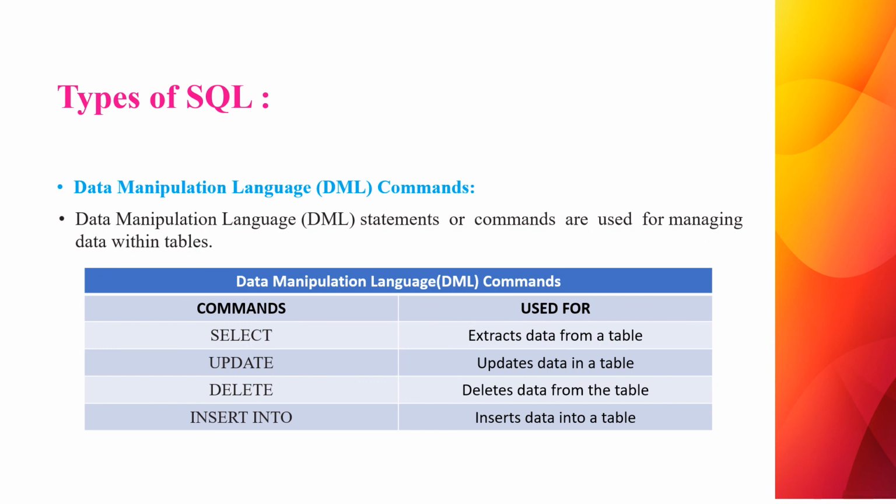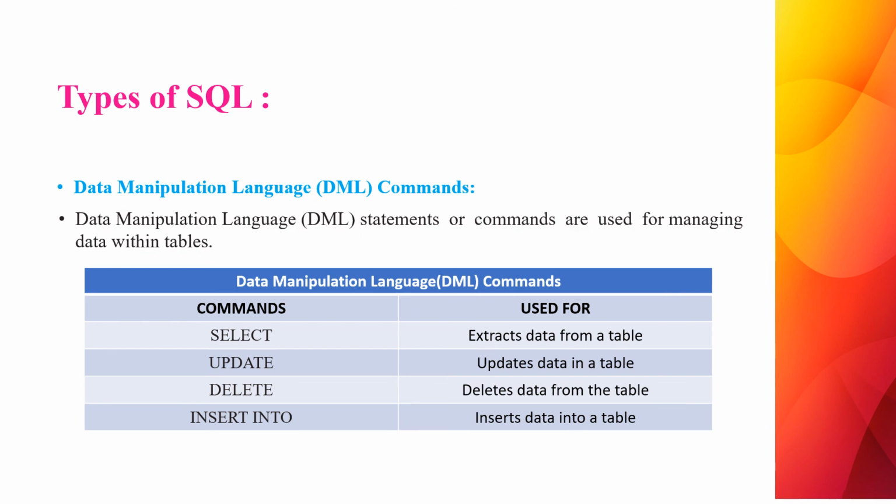To select all the data at a time, we have to use the wildcard star, that is select star from student, which selects all the fields from the table. Select roll number comma name from student, which selects only roll number and name from the student. Update is used to update the records in a table. Delete command is used to delete the records from a table, and insert into is used to add new records in the table.